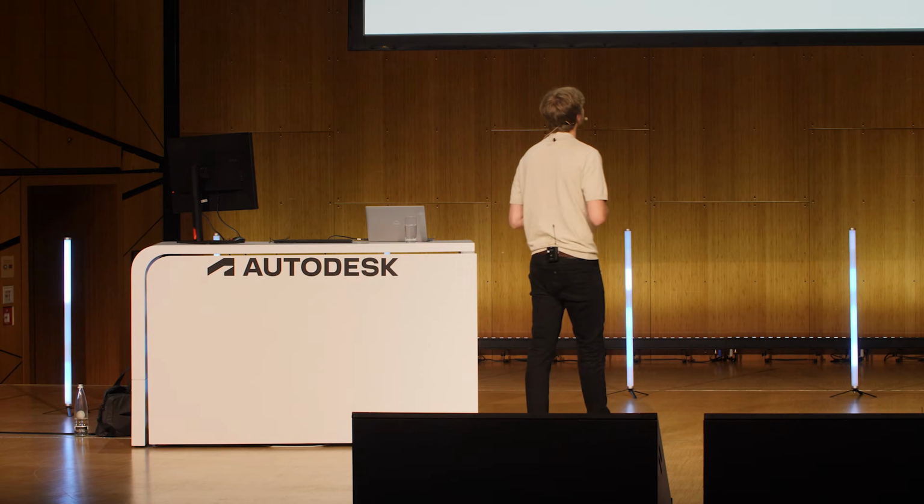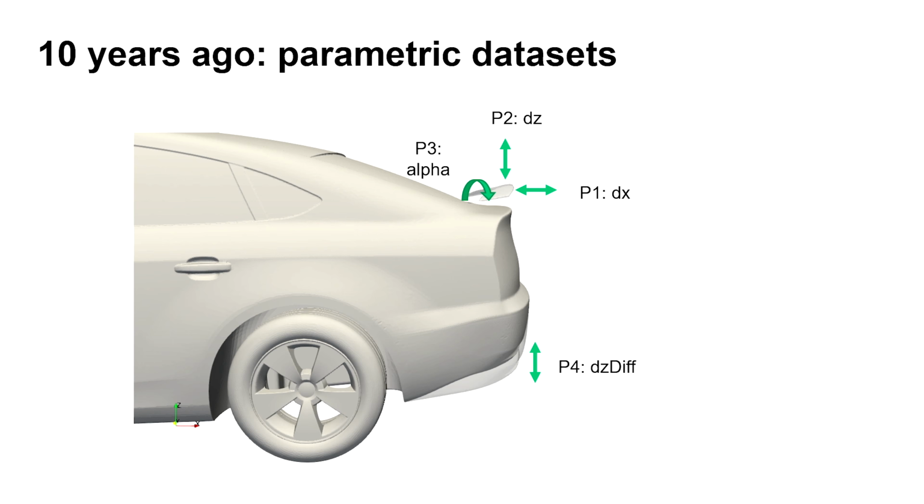And 10 years ago, every problem, at least for me, looked a bit like this. People designed, for example, an active rear spoiler. This is just an example we did at Navasto at the time. They had a parametric problem. They asked, what's my design space?